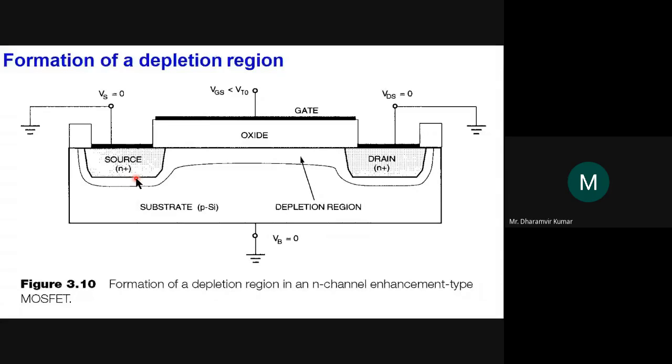The effect of this positive gate voltage would decrease as we move away from the gate terminal. So as we move from right towards left, the effect of the positive voltage applied at the gate would reduce, and hence the depletion width would also reduce as we move from right to left.